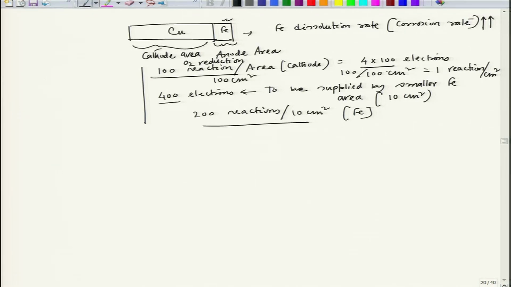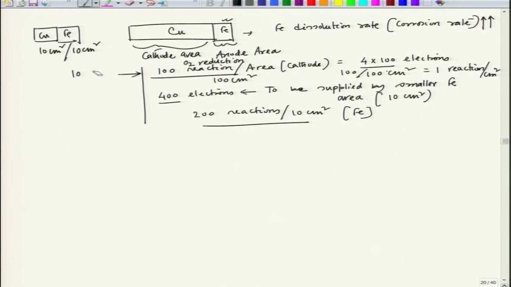Now, if I consider in the beginning equal area, this is copper, this is iron, and 10 centimeter square for copper and 10 centimeter square for iron, then the number of reactions on copper would be 10 divided by 10 centimeter.